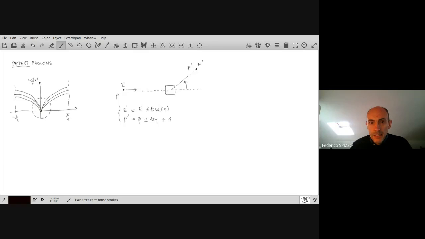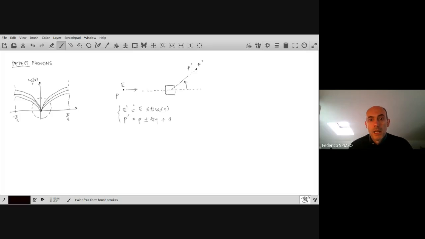So the idea is to fix E and P, because you fix the initial state of the probe, then you measure E prime and P prime, so you know the final values of these. Let's say you know these values, and you use this difference and this difference to access both the value of the energy of the phonon and the variation in the crystal momentum that corresponds to this variation in the energy.